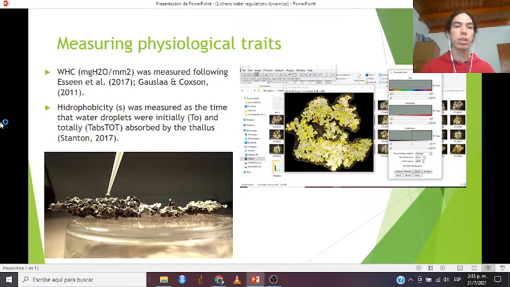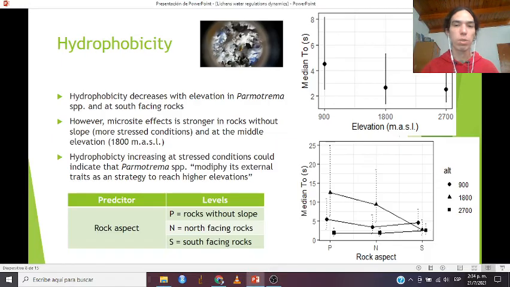He gave me the idea. He's working with it in his lab, and he gave me this method so I can do it in my work also. So our result is that hydrophobicity in Parmotrema decreases along elevation and decreases at south-facing rocks.